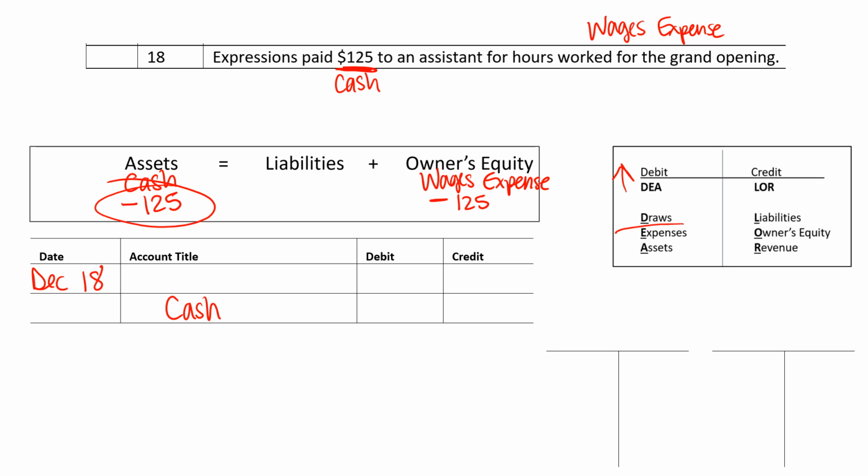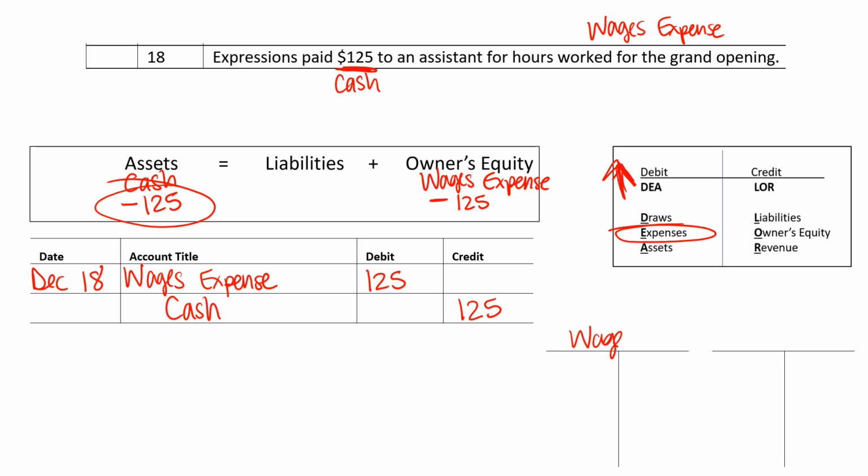Expenses, wages expense. So expenses are increased with a debit. Anytime you record an expense, it will be a debit. So debit wages expense. And the amount is $125.